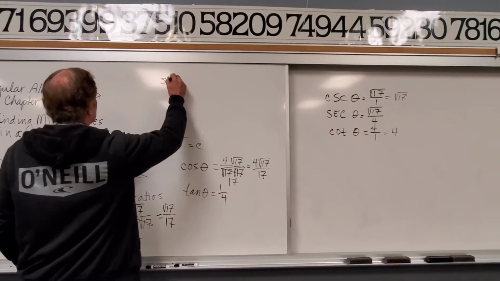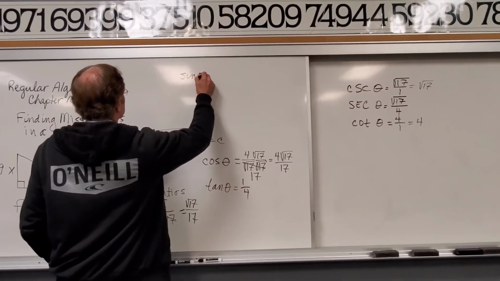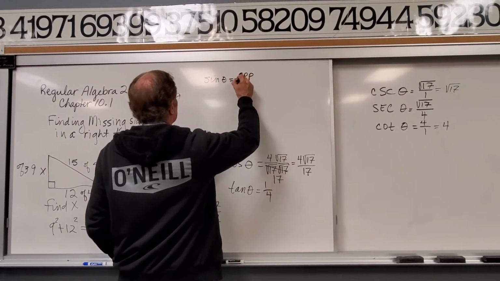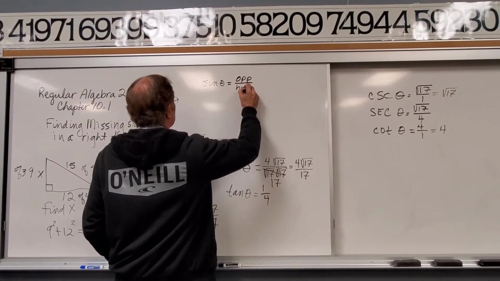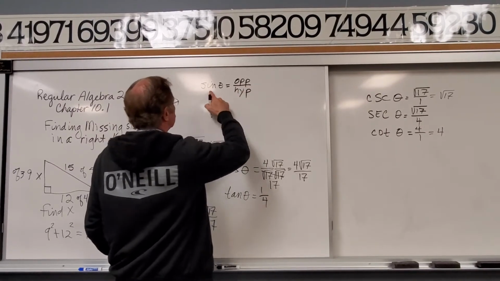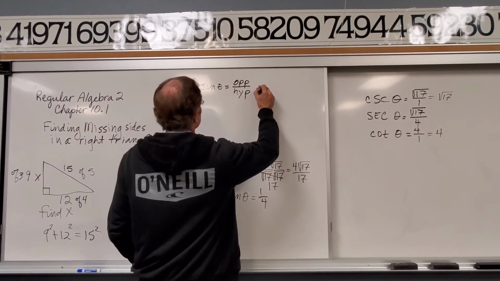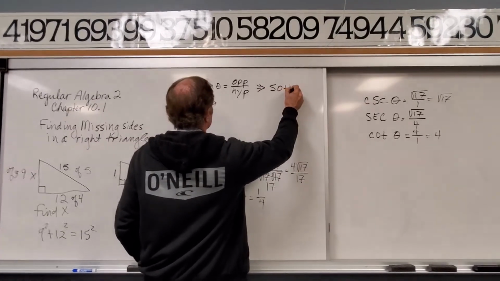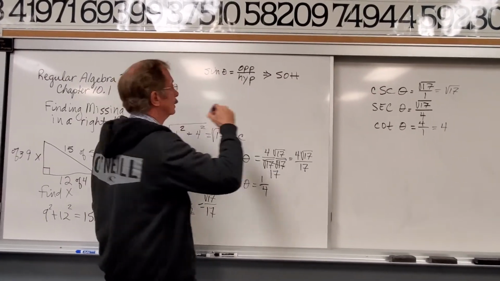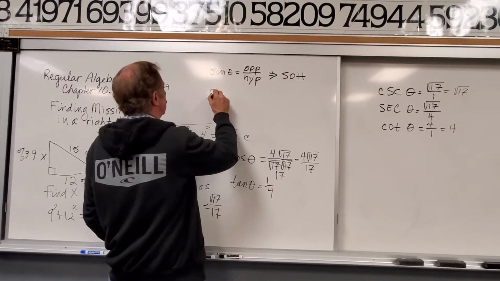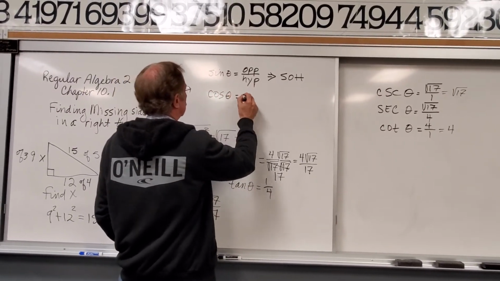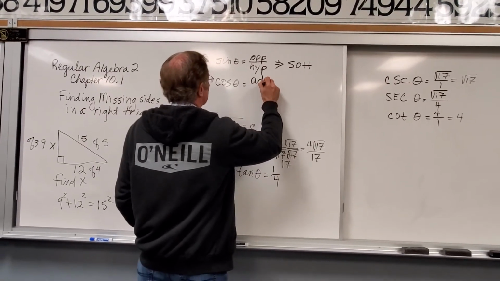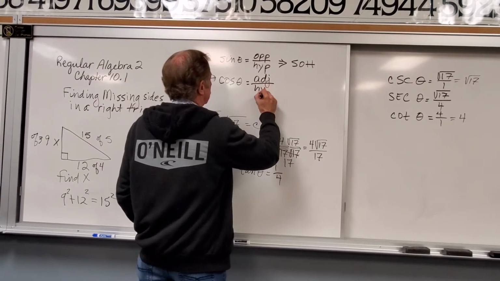Now, I want to tell you all this. Take the first letters as an acronym. So, cosine now is adjacent over hypotenuse.